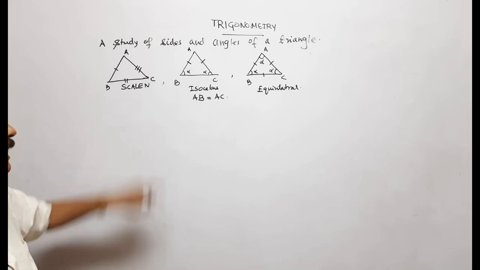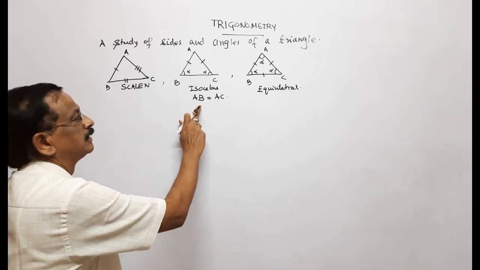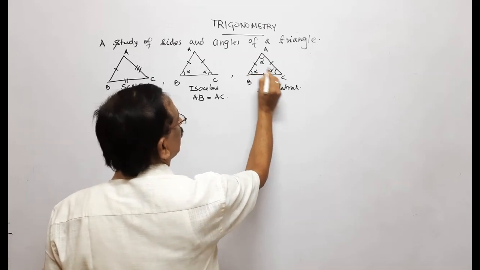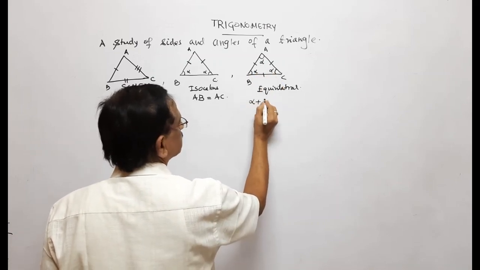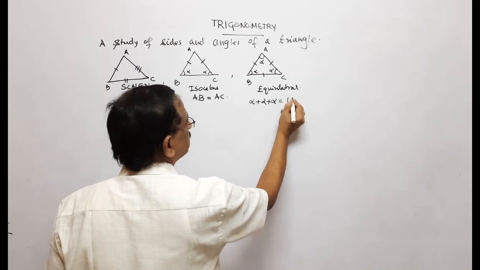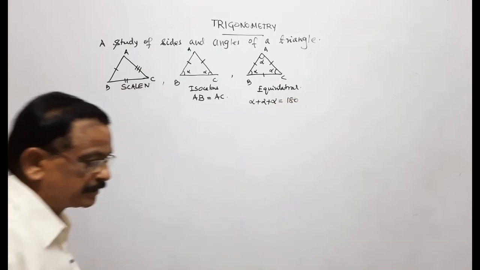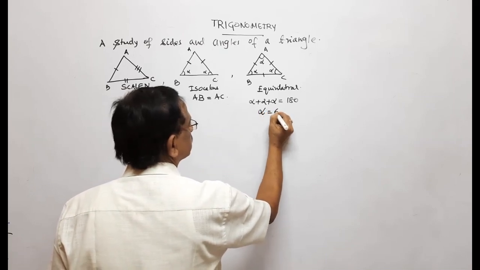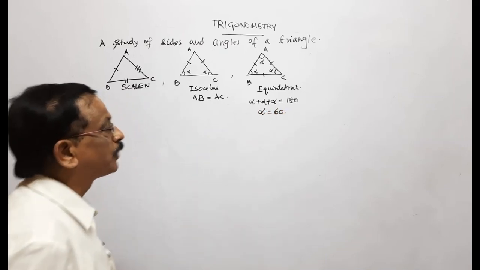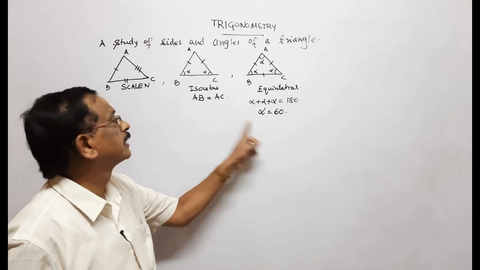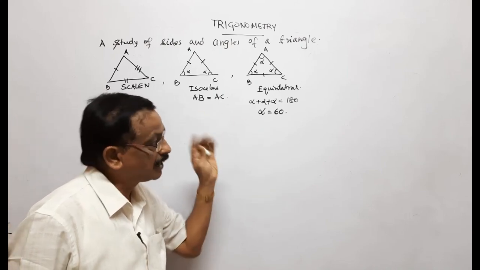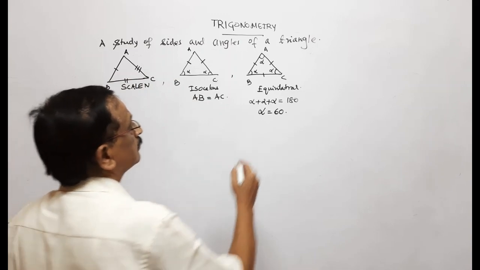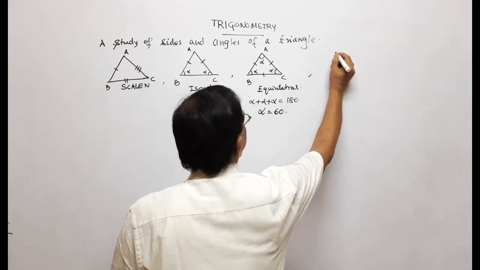So scalene triangle, isosceles triangle, now equilateral triangle. In an equilateral triangle, all the angles are equal and alpha plus alpha plus alpha is 180, because in any triangle the sum of the angles is 180, so alpha must be 60. Why I am particular about equilateral and why I am not discussing this, I will come to this situation later on.